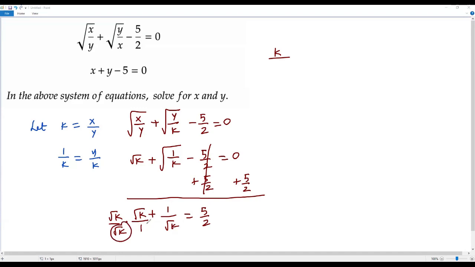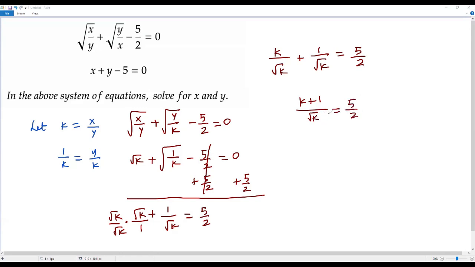In the denominator, when I multiply square root of k and 1, I get square root of k. So k plus 1 over square root of k equals 5 over 2. Now we have the same denominator for both fractions, that is square root of k. We can take square root of k as a common denominator and add the numerators k and 1. Then I'm getting k plus 1 by square root of k equals 5 over 2.